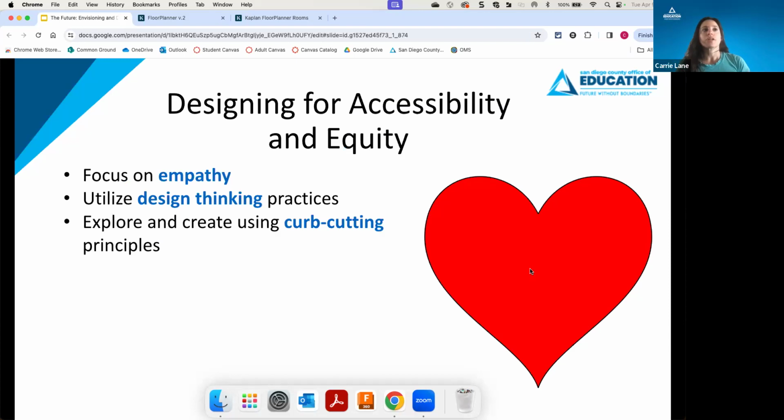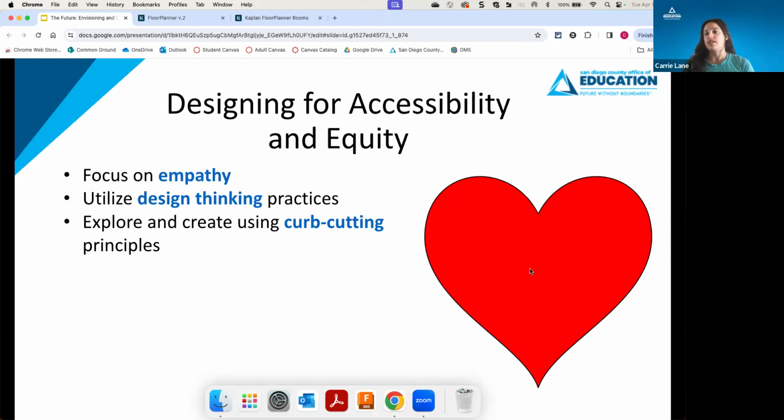So we're going to move forward with the idea of designing for accessibility and equity. And one of the keys for this is focusing on empathy. A lot of people have probably been hearing a lot about empathy-based design or empathy-based thinking in the classroom, social emotional learning. All of these things kind of go together, and it means leading with understanding other people.